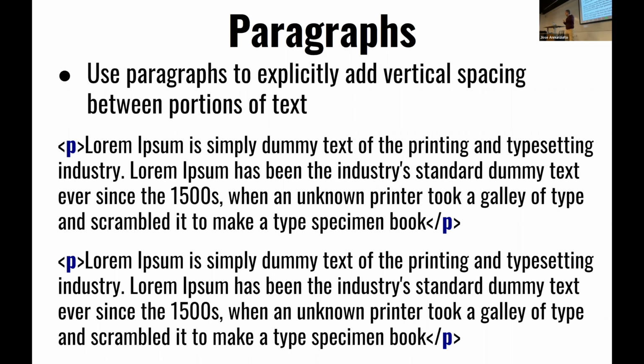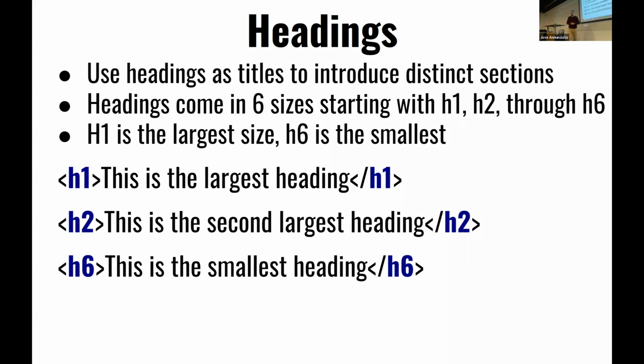Okay, same thing, headings. Headings are also block elements. If you put that text in the head tag, it will break things vertically. Meaning, if I put all these three things in the same line, they will render in separate vertical lines.